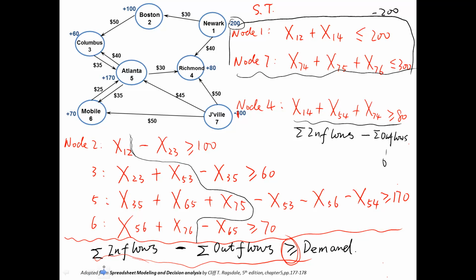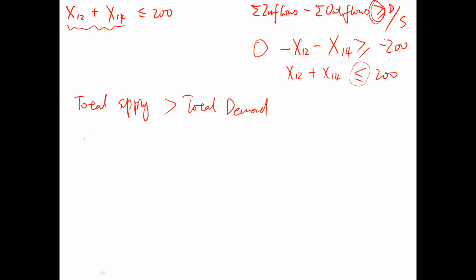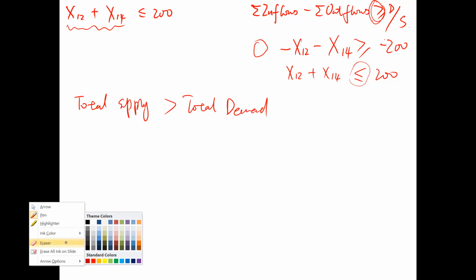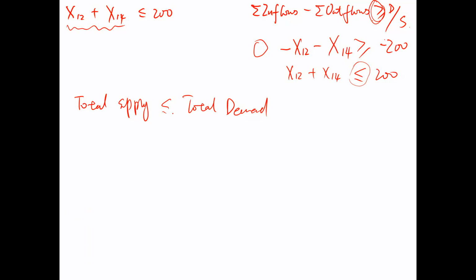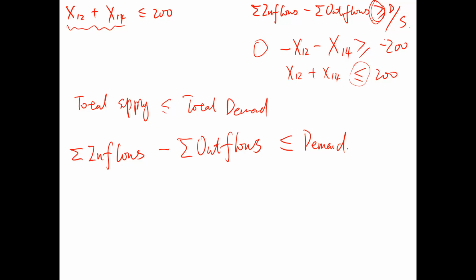Let me put it like this: if the sign is changed to less than or equal to, then our constraints will be inflows minus outflows need to be less than or equal to the demand or supply.